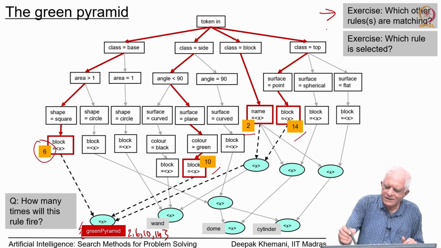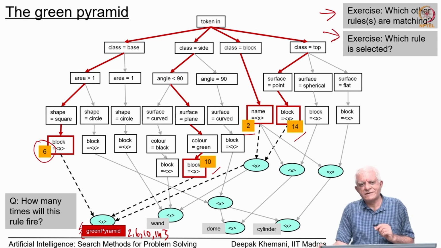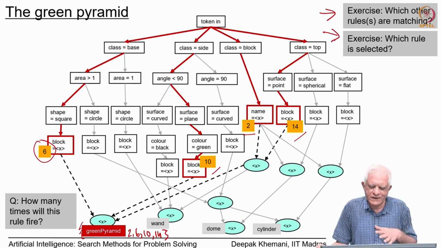And then, depending on the strategy that you are using for conflict resolution, which rule will be selected. So, first find out which rules are matching, then find out which of them will be selected, provided you choose a particular conflict resolution strategy. Let us focus for the moment on 2 strategies: one is specificity and the other is recency. Okay.